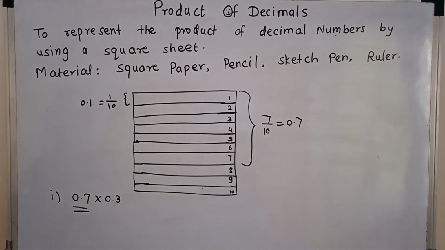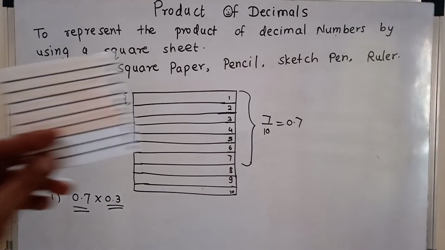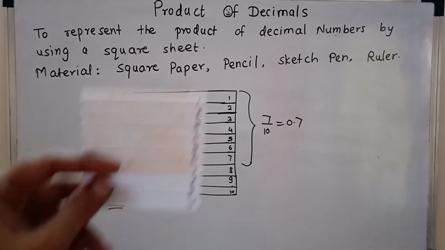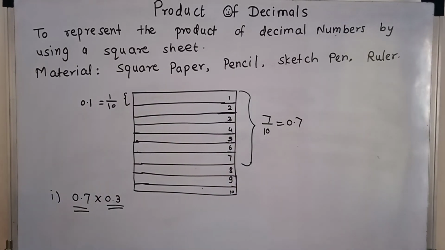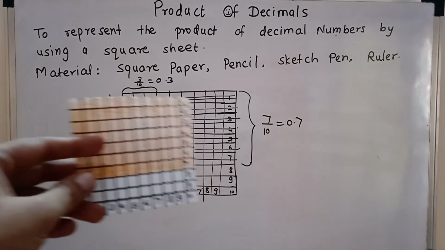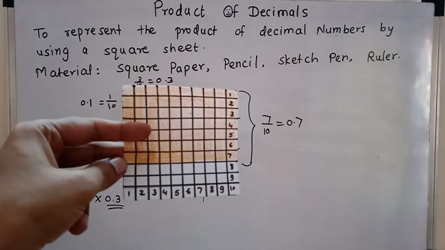For your convenience I have written the numbers on the right hand side and colored the 7 parts out of 10 parts here. It represents 0.7.